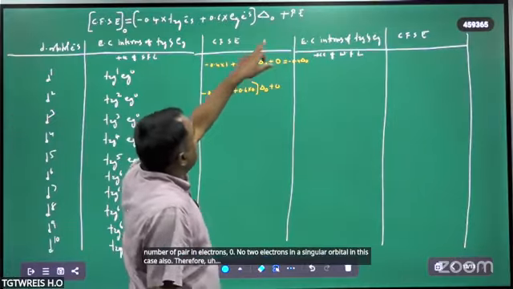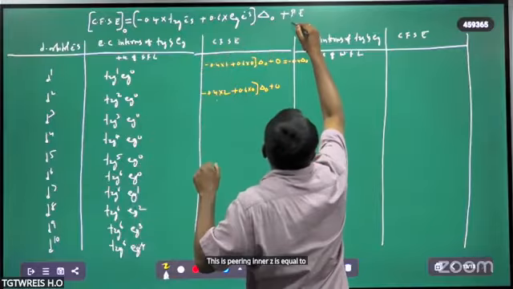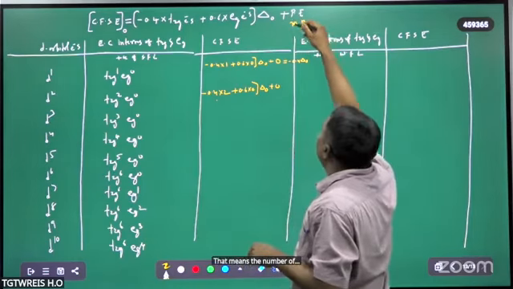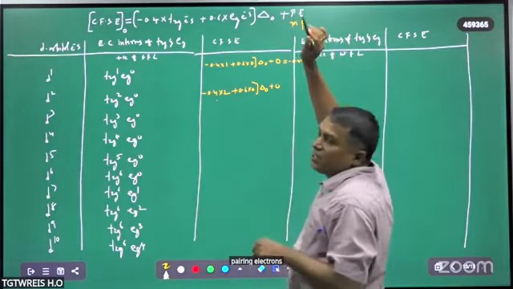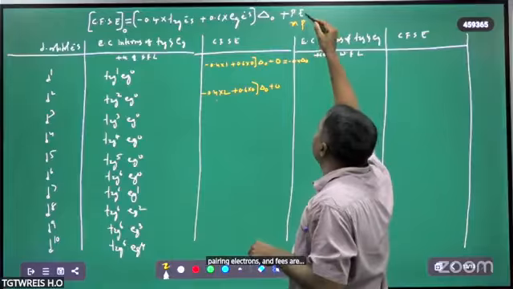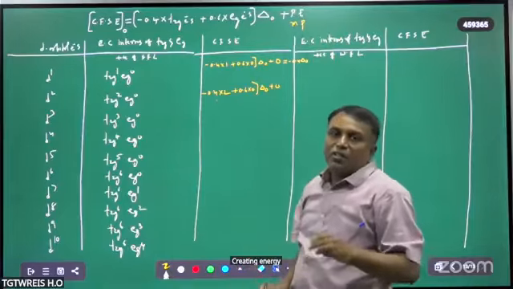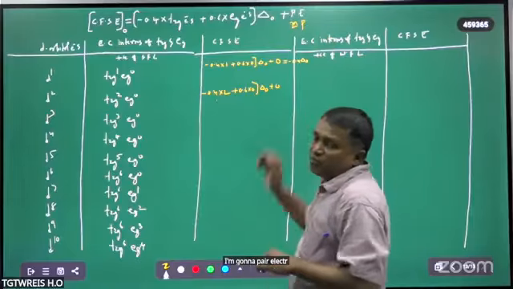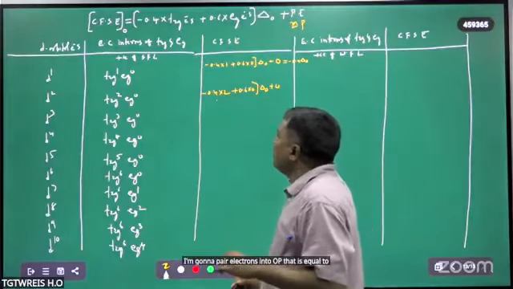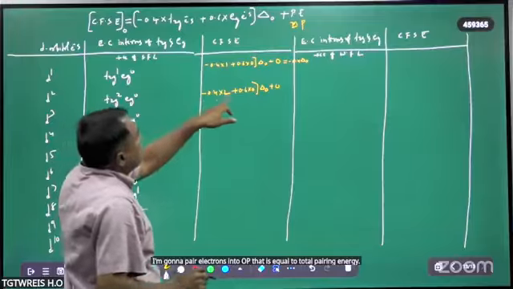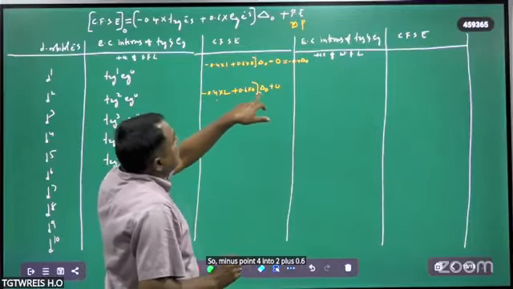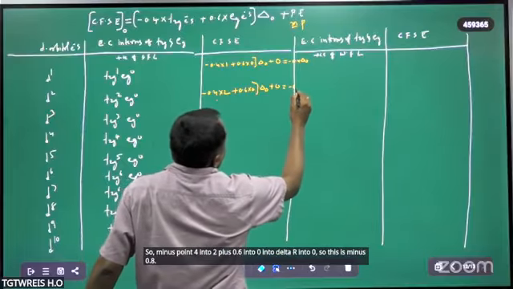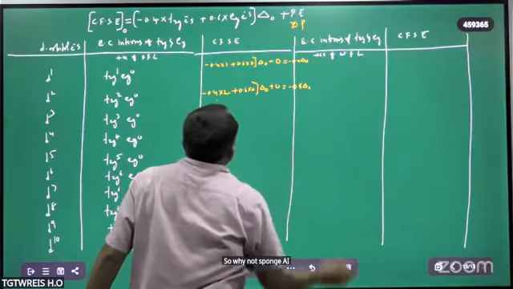Therefore the pairing energy is m into P, where m is the number of paired electrons and P is the pairing energy. So this is minus 0.8 delta naught.